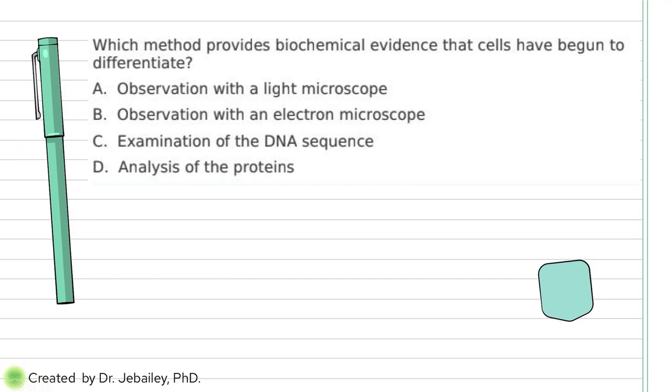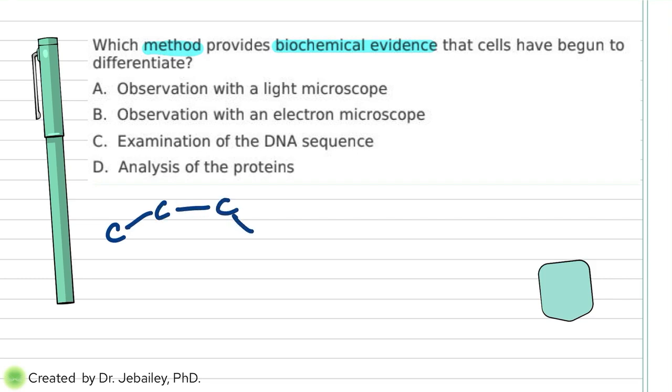Which method provides the biochemical evidence that cells have begun to differentiate? So first we need to highlight here which method. So it's a method and it's providing what? Biochemical evidence. So what is biochemical evidence? Biochemical evidence in this case is talking about structures. Like for example, here's a structure.